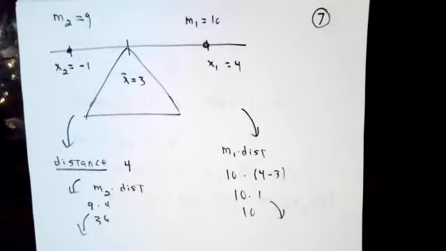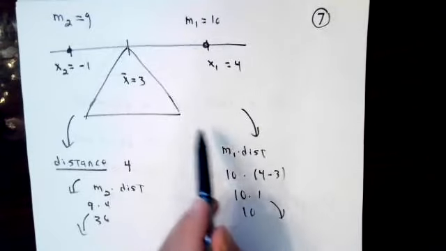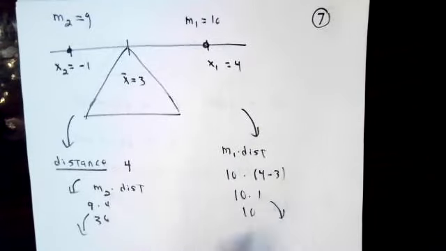The contribution is going to be mass times distance, which is 36, but I've got to keep this straight. This contribution tends to make the thing turn this way. This contribution tends to make it turn the other way. What we'll do is we'll give these numbers positive or negative signs depending on whether they contribute to a counterclockwise motion or a clockwise motion.